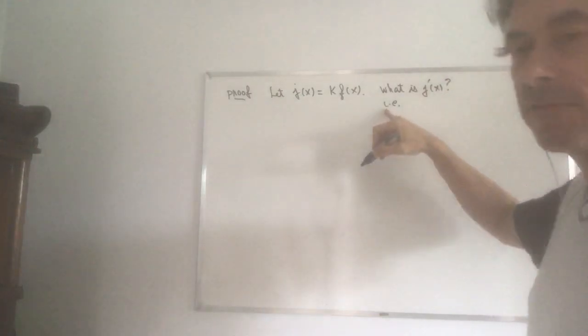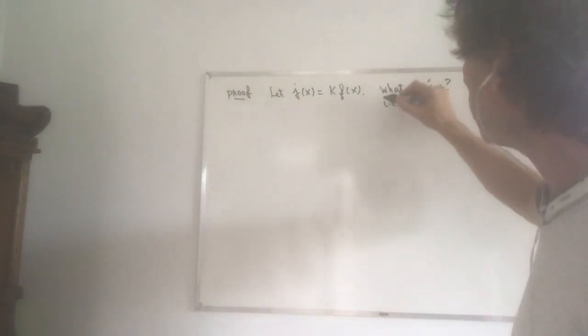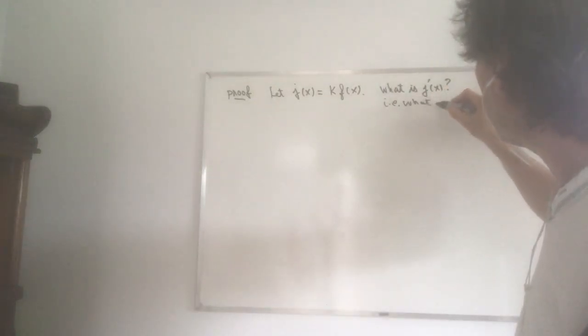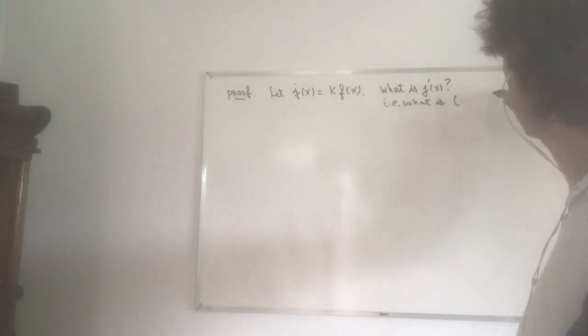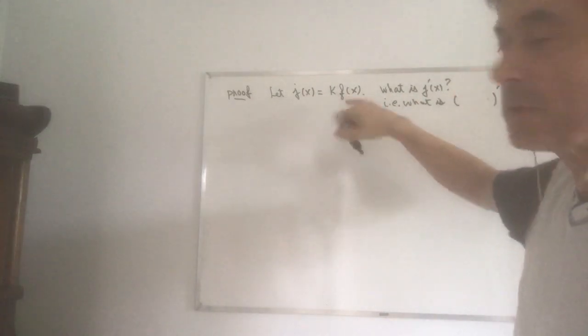I.e., that's Latin for id est, that is to say. What is j prime? But j is k f of x.